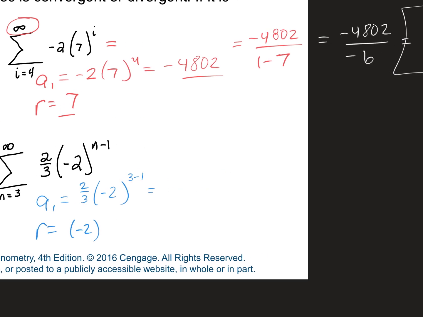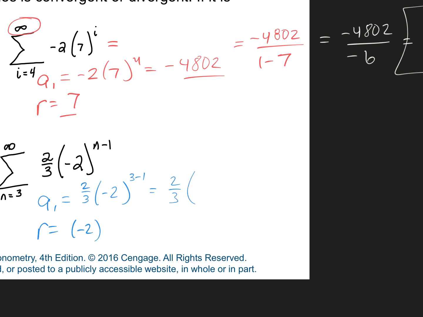So think about what this is saying. It's saying 2/3 times negative 2 to the second power, right? What's negative 2 to the second power? Positive 4. So when I multiply these together, what's 2/3 times 4? 8/3.